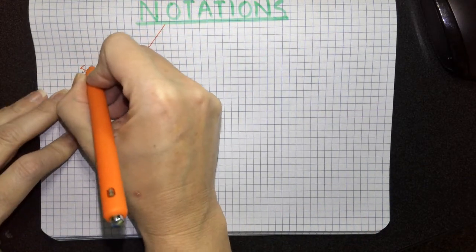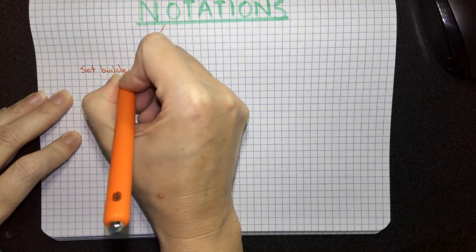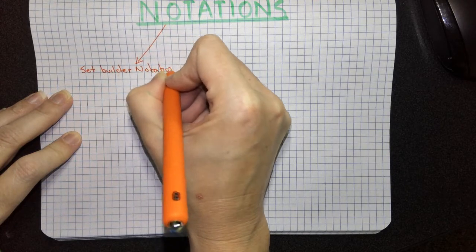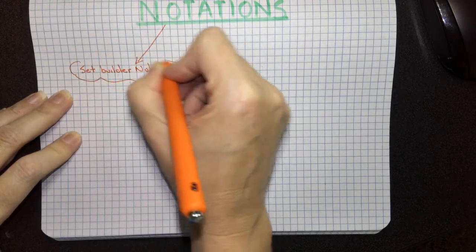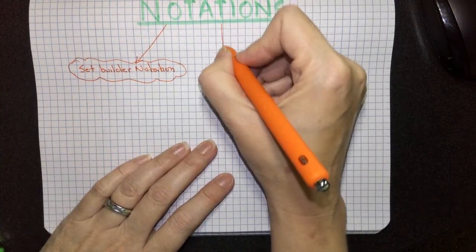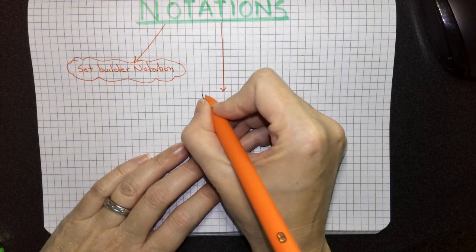The first one is called set builder notation. So there's my set builder. Then I'm going to use an inequality notation.